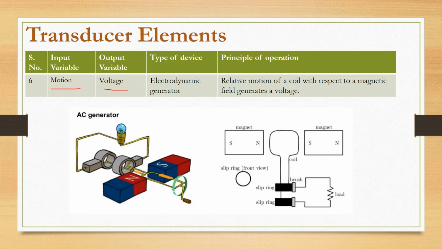In this we have two magnets, and a magnetic field is present here, and we are rotating the conductor in this magnetic field, and this results in the generation of electricity. So in this way we can convert the motion into voltage, and this is just the block diagram of this generator.